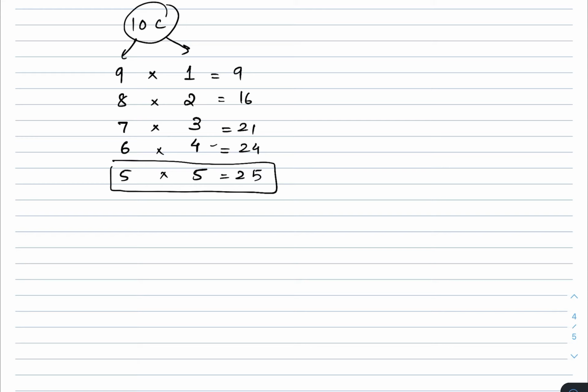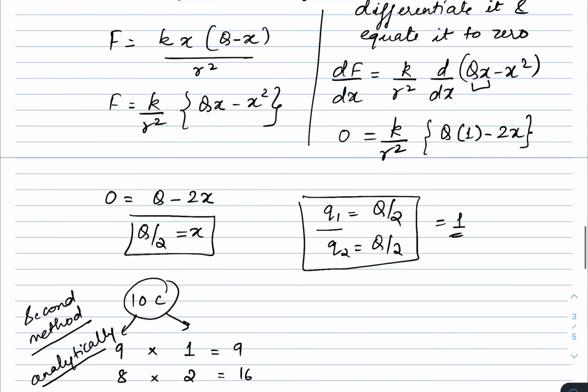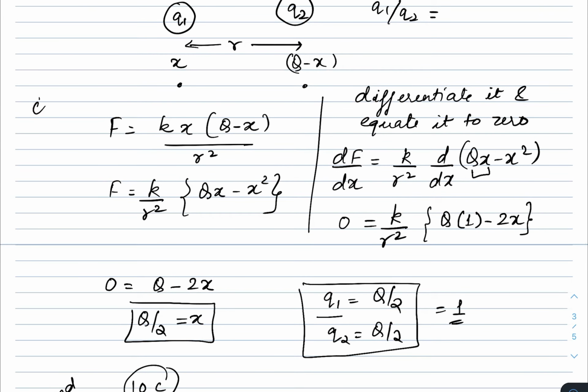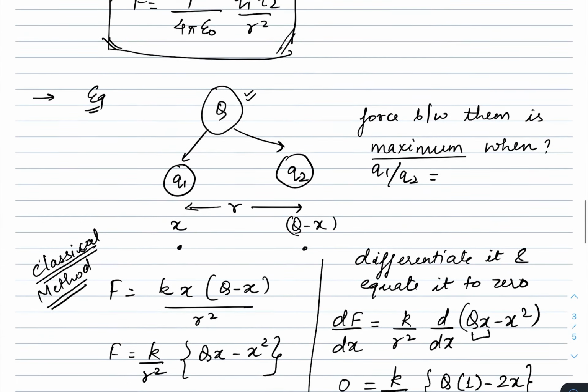So this can be the second method, which can be done analytically, right? And this is the classical method of solving by differentiation. This is the classical method.